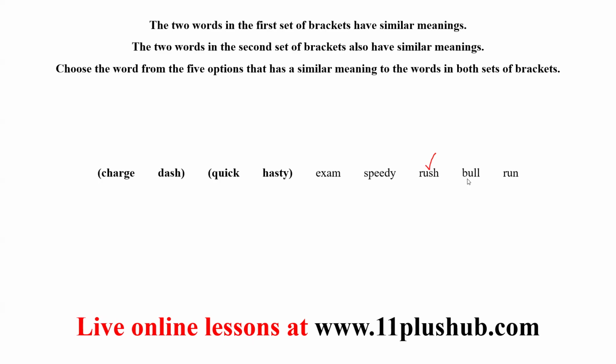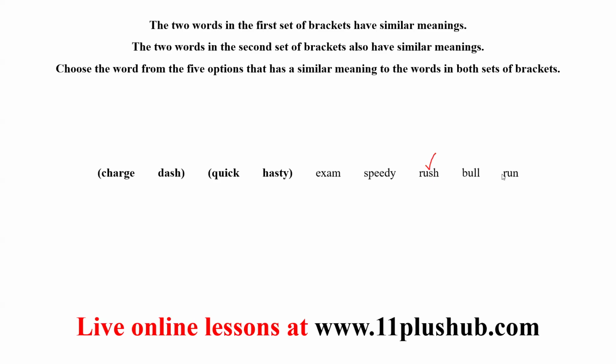So now we have speedy, rush, and run. Run is just like you're running, but rush means you're doing it really quickly. And speedy also means the same as run, but rush is more like quicker. Okay, so you think the answer is rush. All right, thank you, Annabelle.